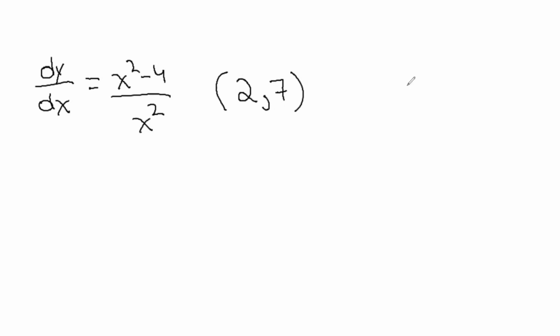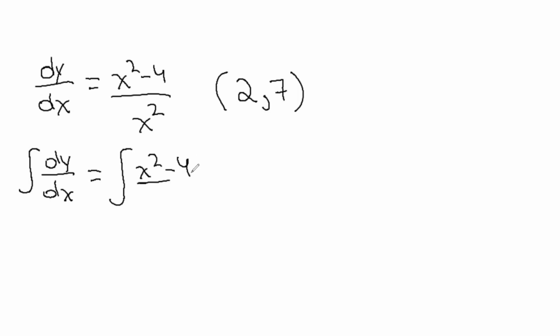So we have to make it as y is equal to something. So how are we supposed to make dy by dx into y? So we integrate it. So integration of dy by dx equals integration of x square minus 4 divided by x square. So integration of dy by dx is just y.